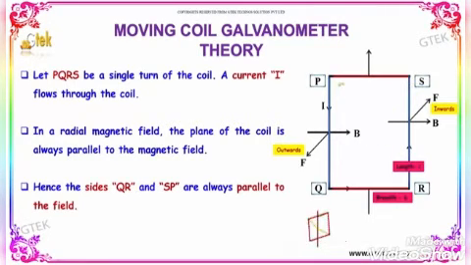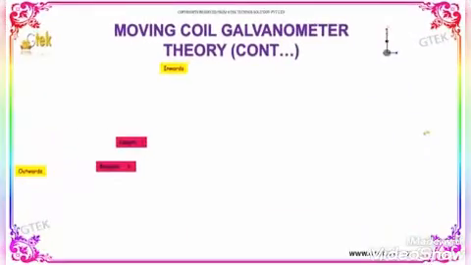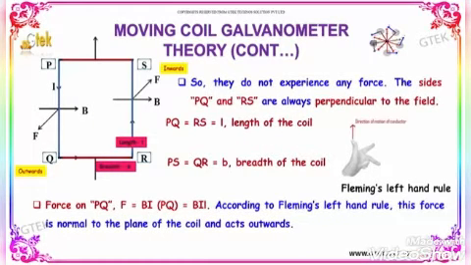Hence, the sides QR and SP are always parallel to the field, so they do not experience any force. The sides PQ and RS are always perpendicular to the field. PQ is equal to RS, that is the length L of the coil. PS is equal to QR, equal to b, that is the breadth of the coil.